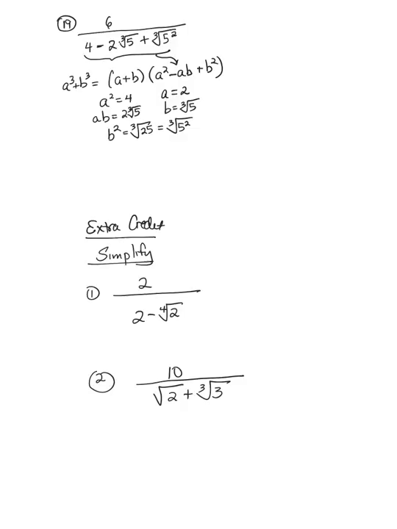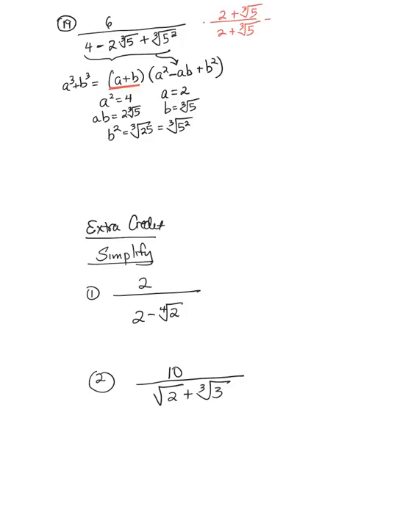So in order to simplify this denominator, we would multiply the top and bottom by this factor, A plus B. And A plus B is simply 2 plus the cubed root of 5 over 2 plus the cubed root of 5.